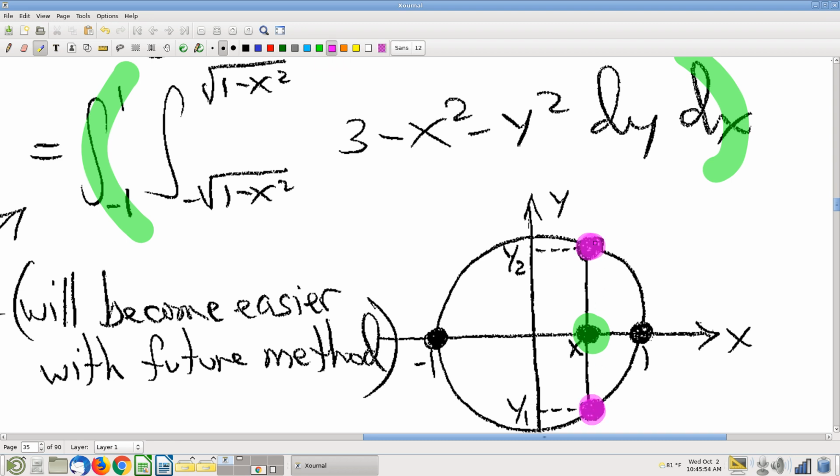Those points are on this curve. That curve, you write down the equation, solve for y in terms of x, and you get these bounds. Oh, I didn't realize the domain was the unit disk. Oh, yeah, that's right. Cool. All right, no problem.